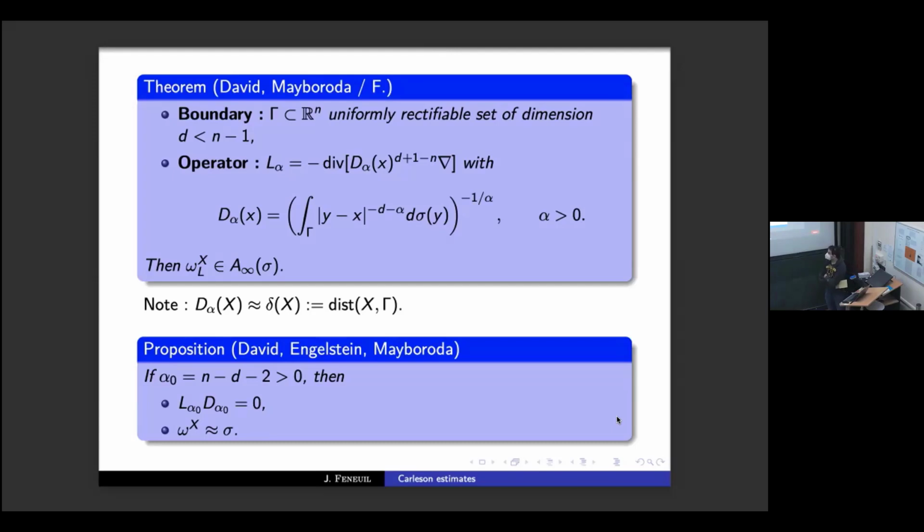Okay, so what does it say using the comparison between Green function and harmonic measure? It says that the elliptic measure is comparable to the surface measure. And this works for any set. So we cannot get, comparable means A infinity in particular, so we cannot expect the reverse.